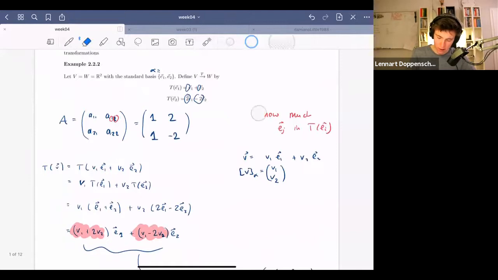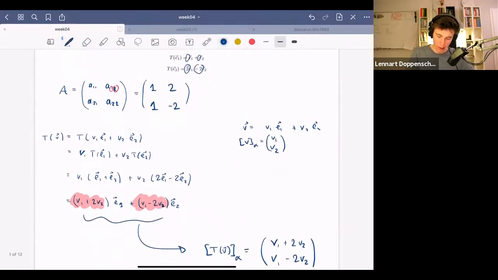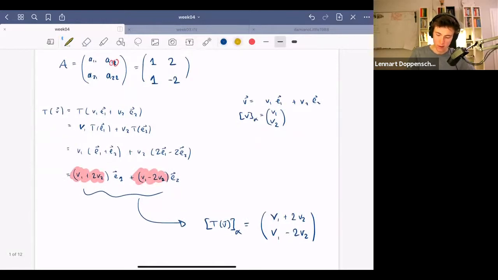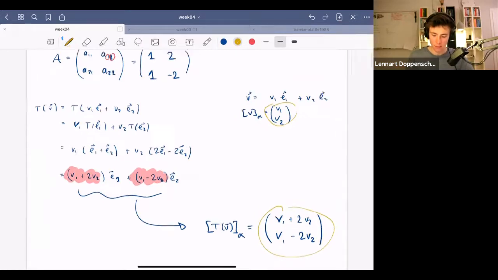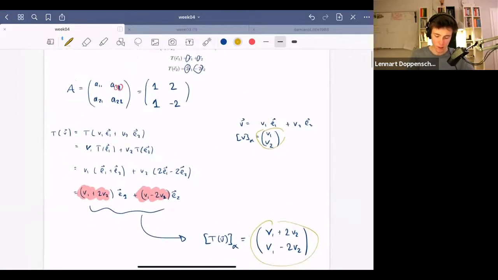So then this red thing is wrong, but now let's compare these two tuples. So the coordinate vector of the initial vector and the coordinate n-tuple of the result are precisely correlated by a matrix multiplication of this matrix.